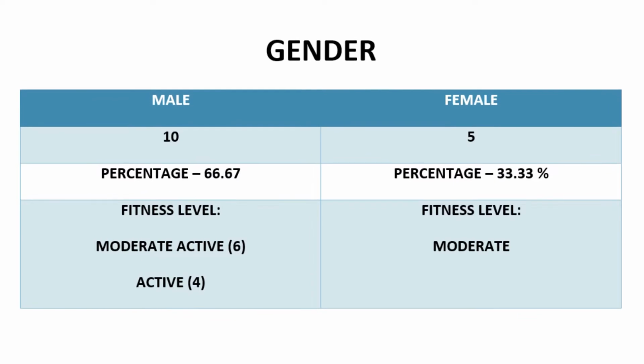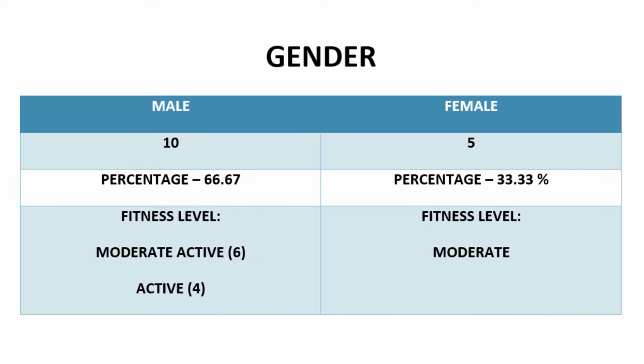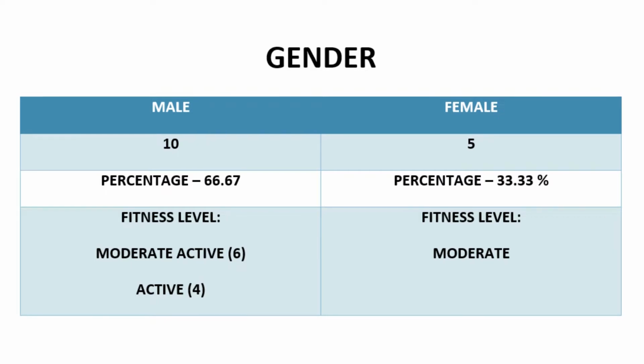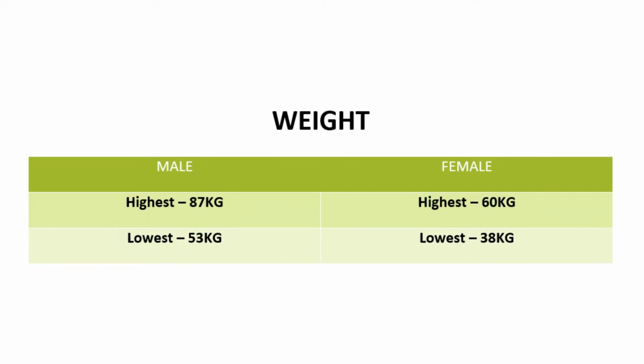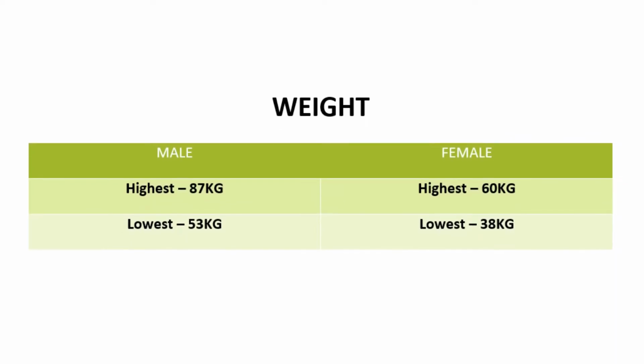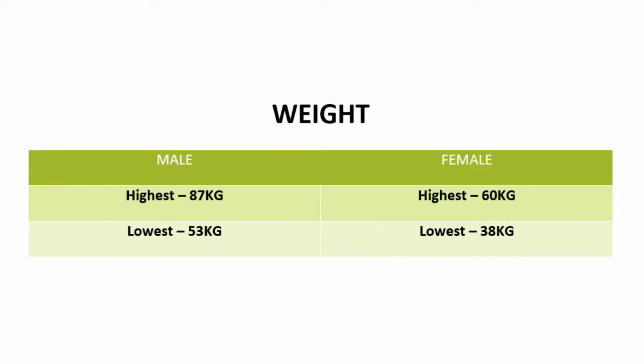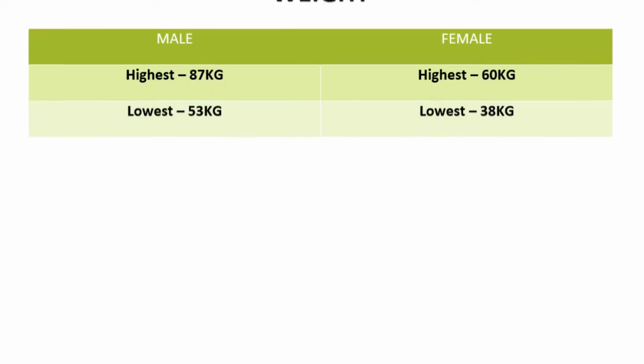In this test, there are 10 male and 5 female, most of whom are moderately active, but there are 4 subjects at the active level. For the weight of the subjects, the highest weight of the male subjects is 87 kg and the lowest is 53 kg. Meanwhile, for females, the highest is 60 kg and the lowest is 38 kg.